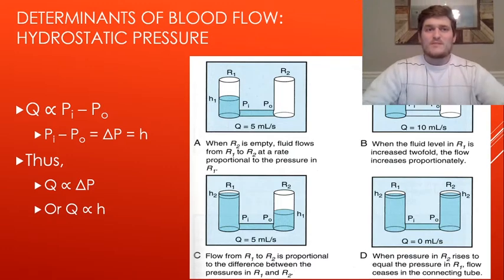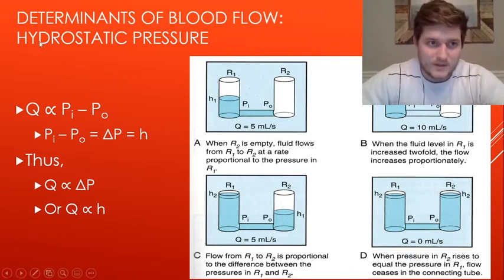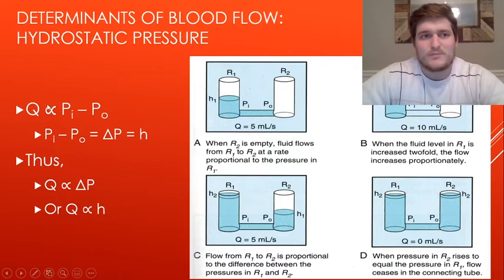So to simplify hydrostatic pressure, flow is proportional to the starting pressure minus the ending pressure. And that starting pressure minus ending pressure is equal to delta P. Well, as we just discussed, that delta P is going to be determined by the height of each columnar fluid.